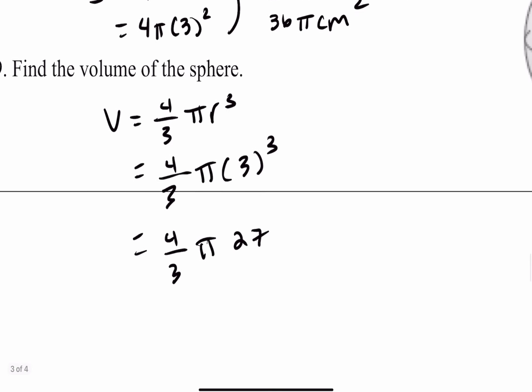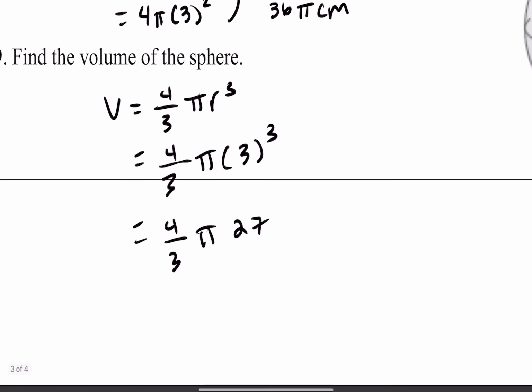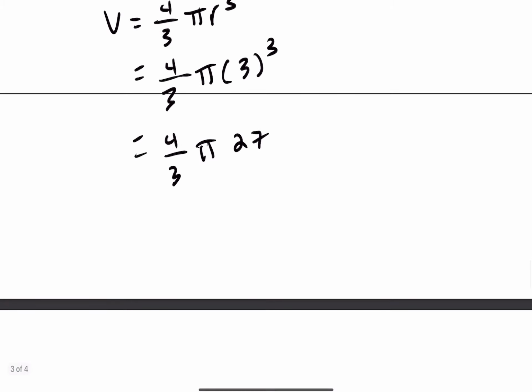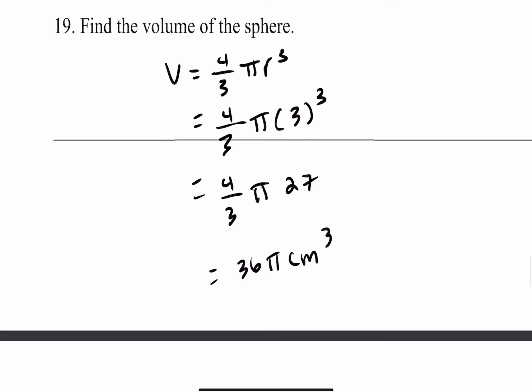Then I'm going to do 27 times 4, then divide that by 3. Once again, 27 times 4 into my calculator, then divide by 3. You should get 36 pi cubic centimeters. That's number 19.